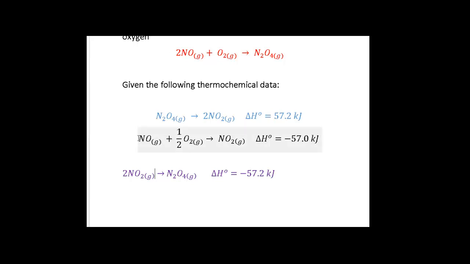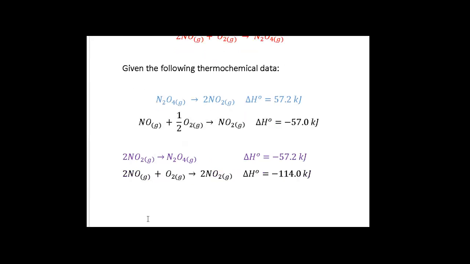And remember one of the rules, if I multiply a reaction by 2, the enthalpy also gets multiplied by 2. Also notice a nice thing that happens if I multiply this by 2: it becomes 2NO, plus 2 over 2 O2 becomes 1 O2, and there's that 1 O2 in my reactant side that I also want. So this is very favorable if I multiply the bottom reaction by 2.